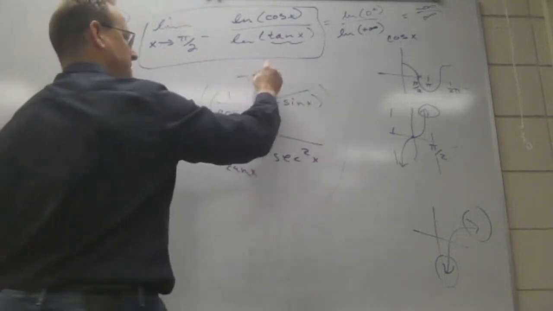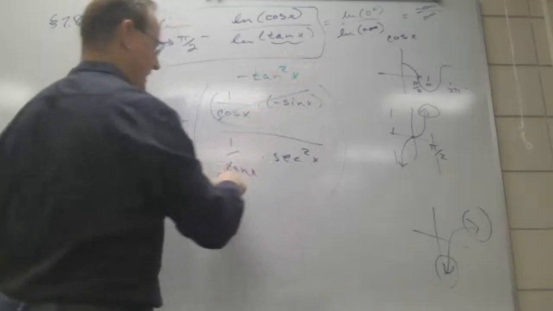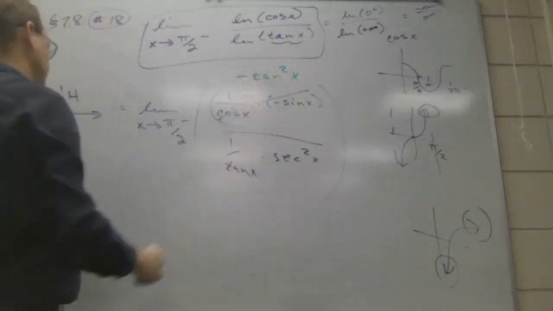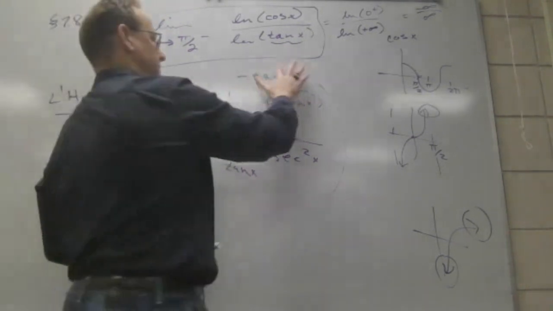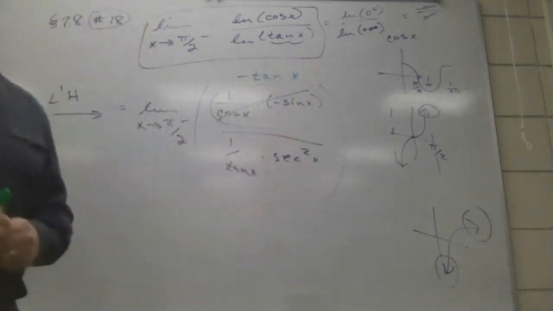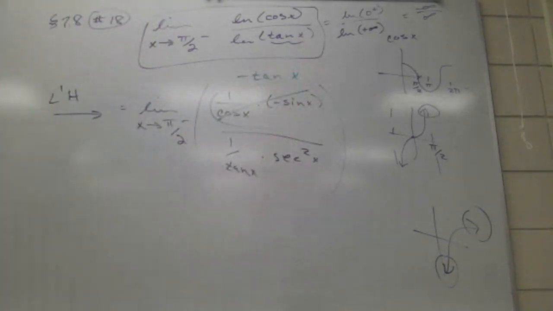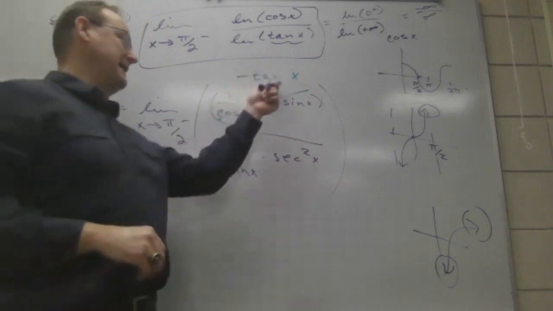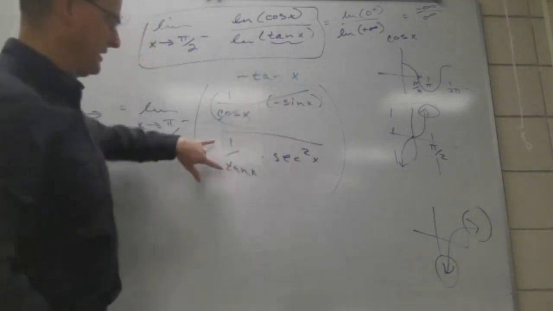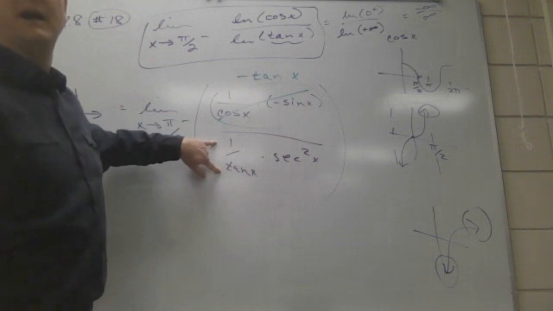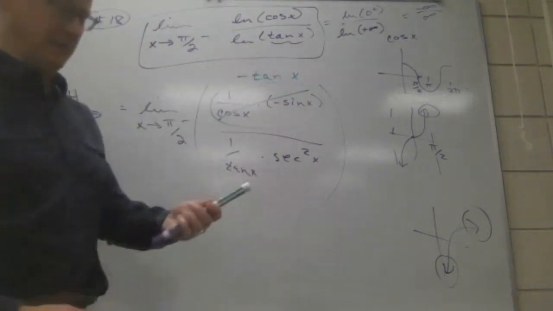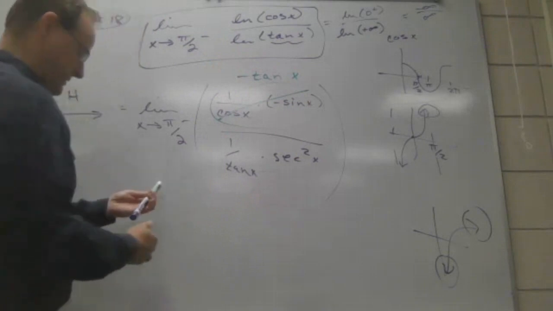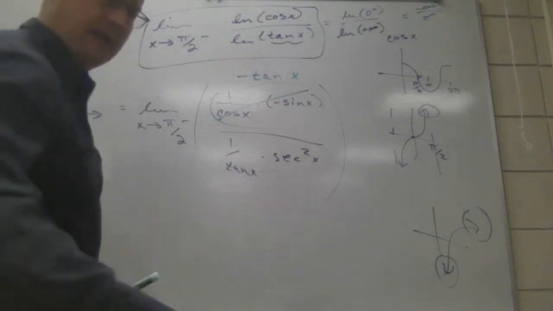It'd be nice if I could cancel this, but I can't cancel it because, dividing by 1 over that, you got to flip and multiply.